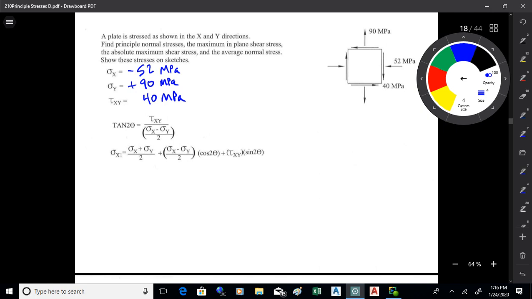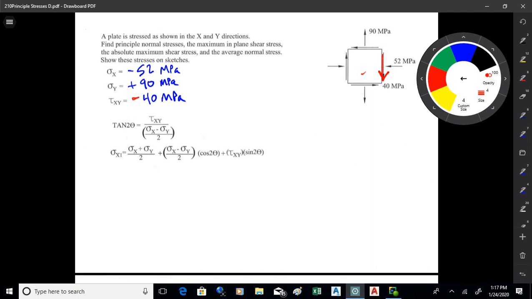So negative 52 for sigma x, positive 90 for sigma y, and then what's the sign on tau xy? It's negative. By convention, because of how the equations are set up, that shear would rotate the element clockwise, and that's negative.